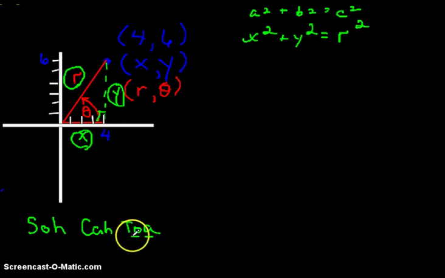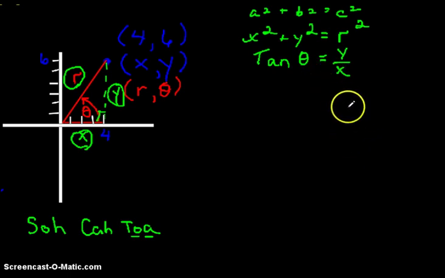So yay, it's the tangent. So then we write tangent of theta equals opposite, which is our y, over our adjacent, which is our x. So there you have it.